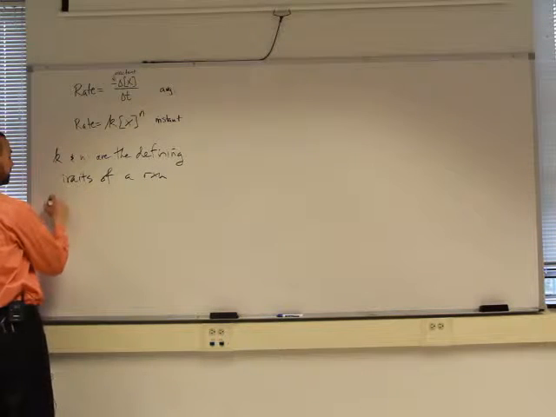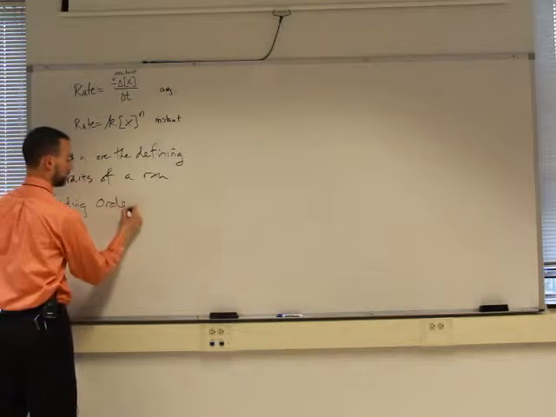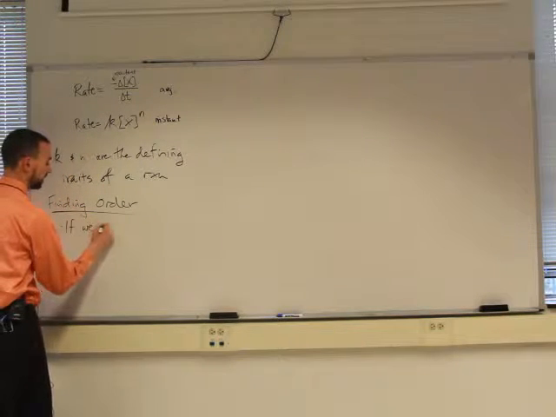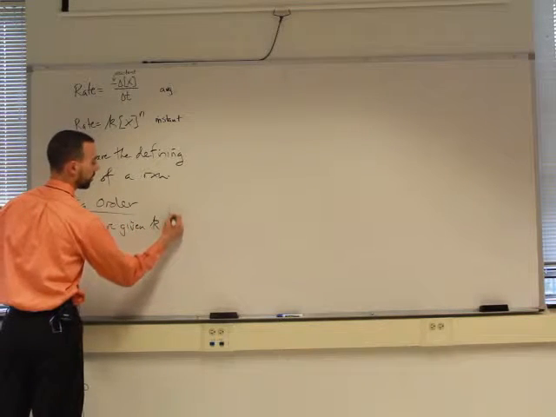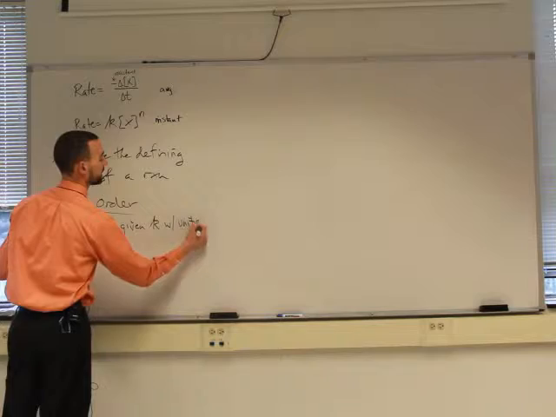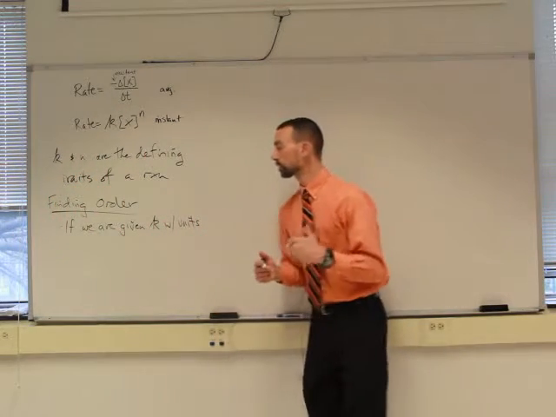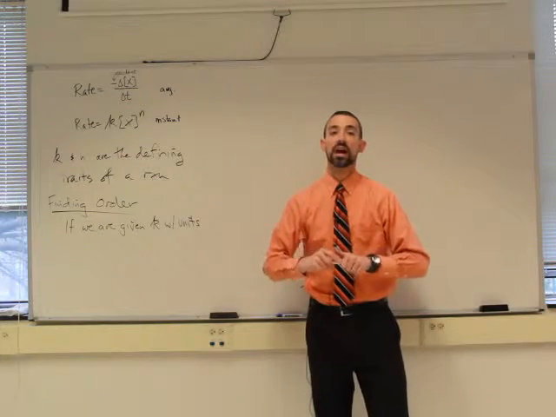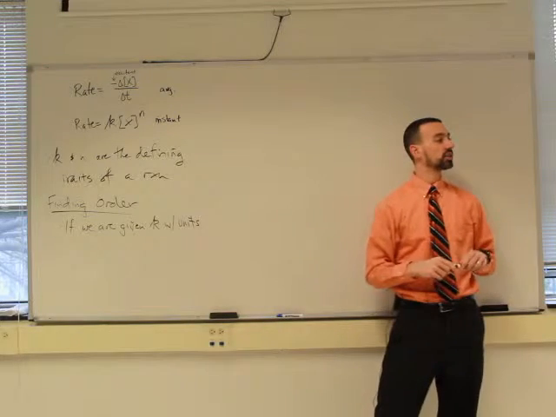That's the big thing. One is if we are given K with its units. At the end of class earlier today, we were looking at how the different orders each have their own respective set of units. And so that is sort of a clue as to what the order of the reaction would be.